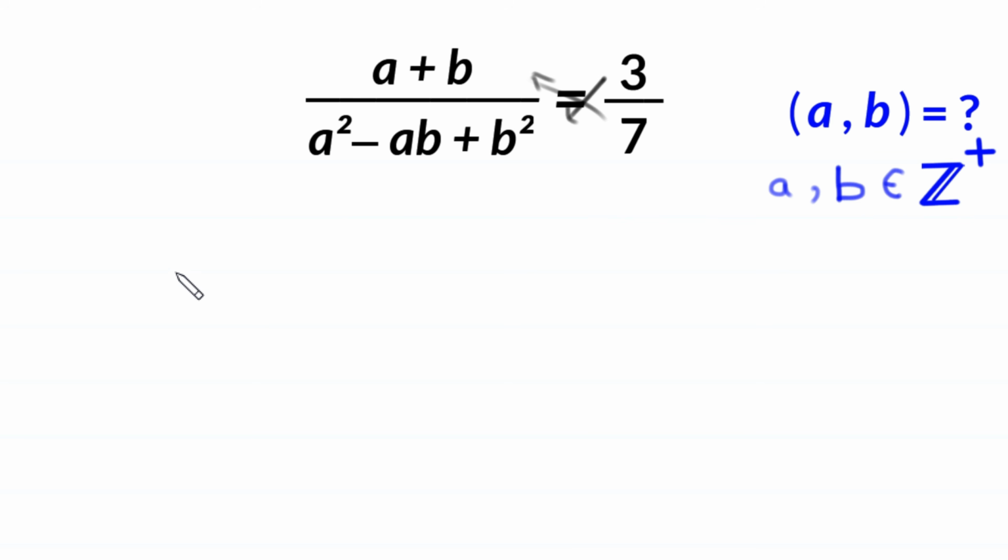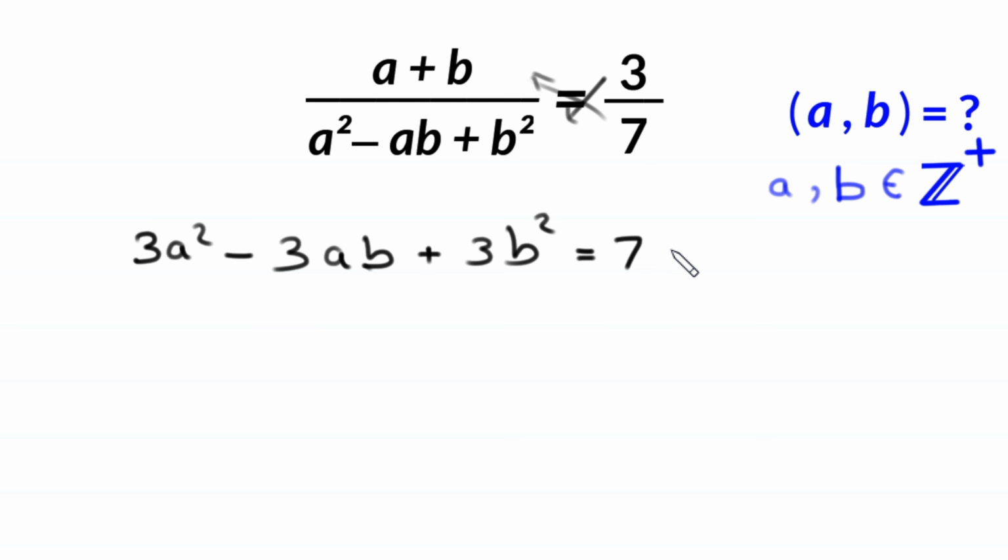So this will become 3 times a squared, 3a squared, 3 times negative ab, negative 3ab, and 3 times b squared will become plus 3b squared, equal to 7 times a, 7a, and 7 times b, plus 7b.